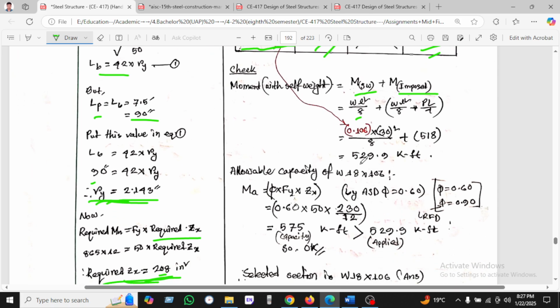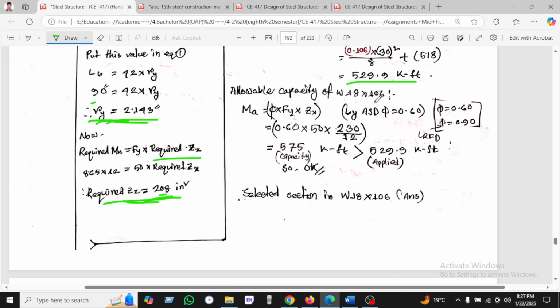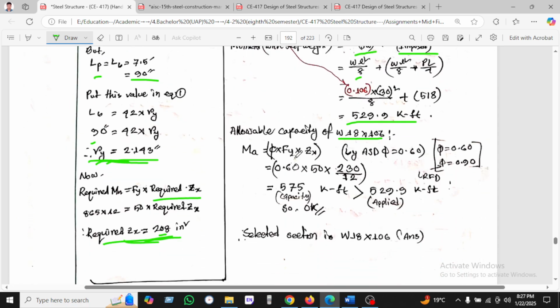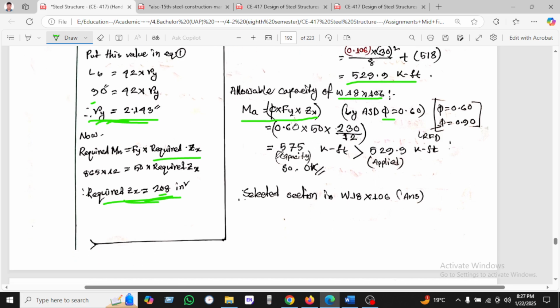And in this way we have found 529.9 kip-feet. Allowable capacity we have found for W18 x 106. If we are using the ASD method and putting the alpha value 0.60, we found 575, which is greater than 529, the applied load. So the selected beam W18 x 106 is okay.